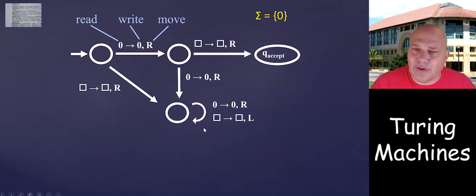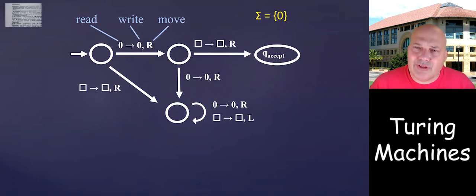You cannot get out of it. So given that you're here, you would not accept. But it's kind of a loop. From now on, you're just going to continue reading symbols and moving your head, but you'll never stop and accept or reject.